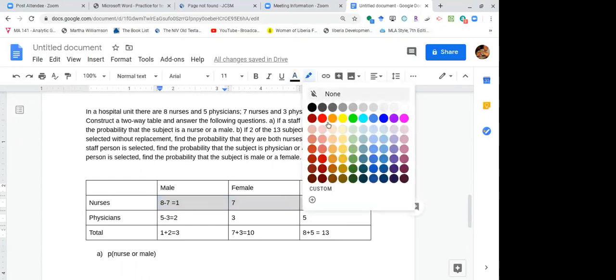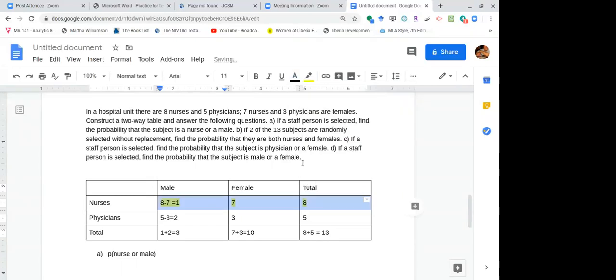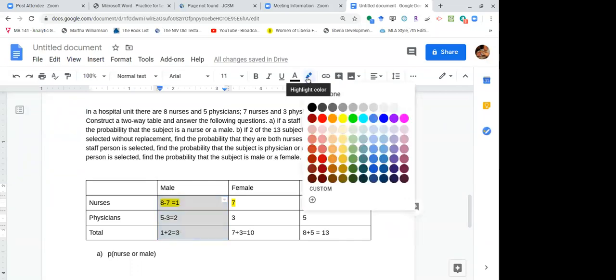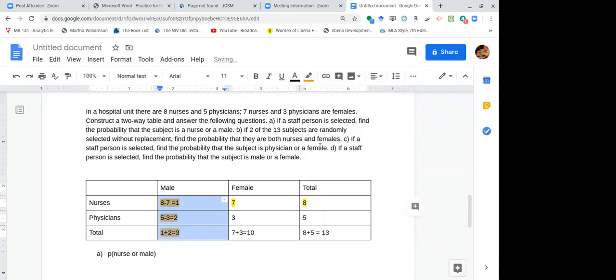Let me use yellow for that. Okay, so if you look, you can see that the nurses are there. And then if I highlight the males, let me highlight that in a different color, like orange. So if you look here, now you can see that they overlap.